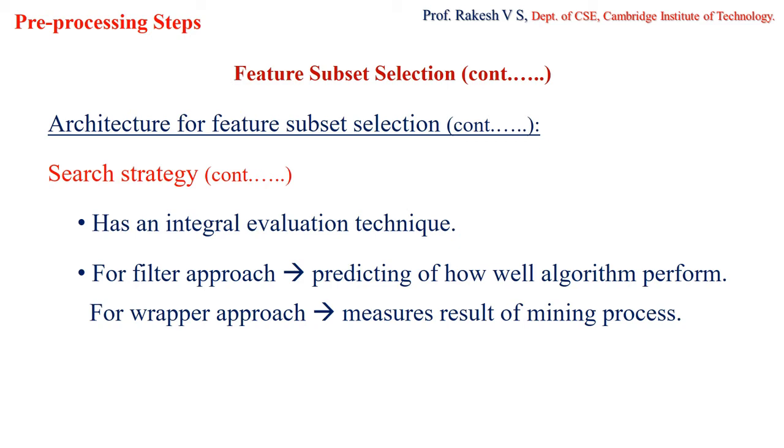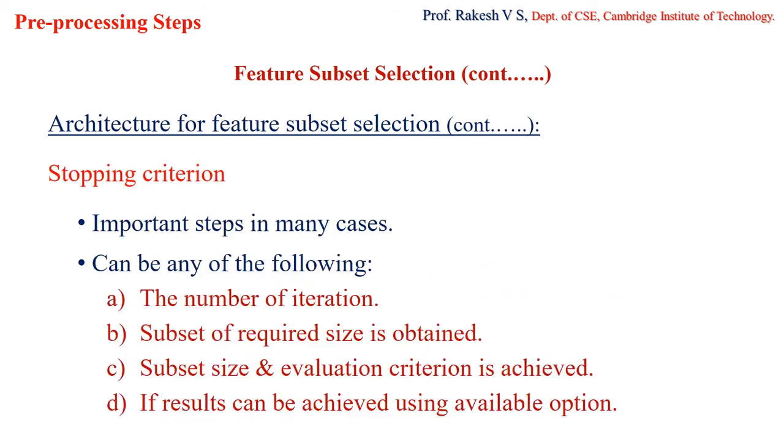Whereas in case of wrapper approach, this is a criteria normally used to measure the result of the data mining. So this is about your search strategy. So here in the search strategy, you will have an internal evaluation technique as well. So we can either use the filter approach or the wrapper approach. So next is a stopping criteria.